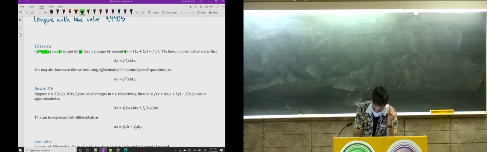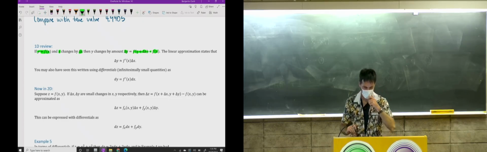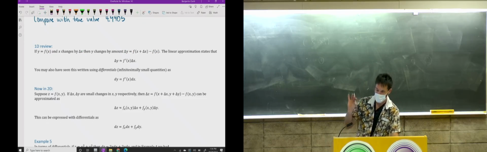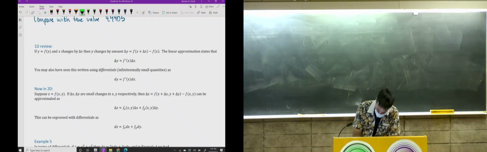So letting delta y be the change in y, that is, the difference between f at the new value and f at the old value, we can restate the linear approximation. The linear approximation, using this notation, states that the change in y is approximately the derivative of f at x times the change in x.